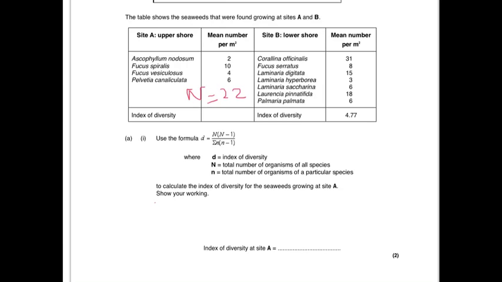So the first part is looking for 22 times 22 minus 1, 21. Then underneath, it's looking for the sum of the total number of organisms of a particular species times total number of organisms of a particular species minus 1.